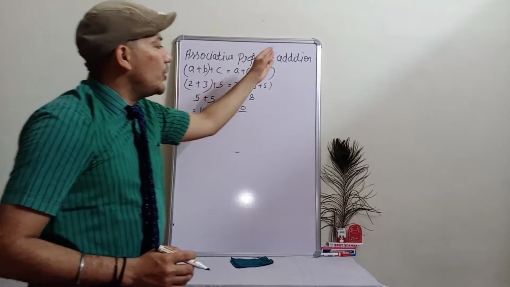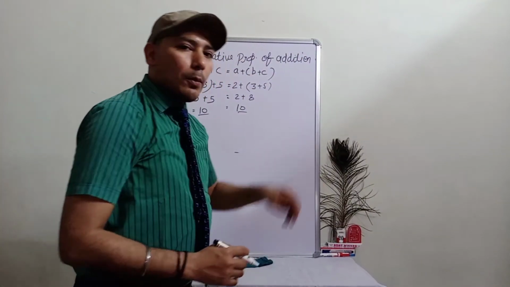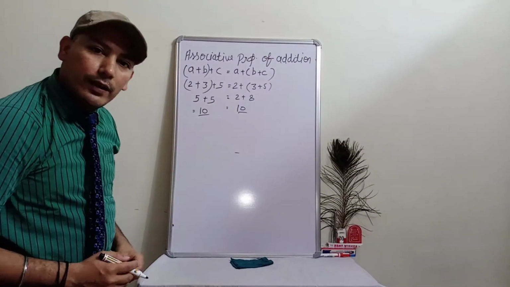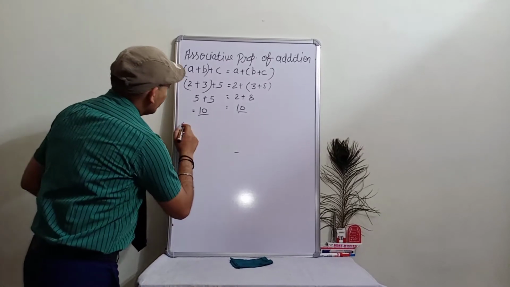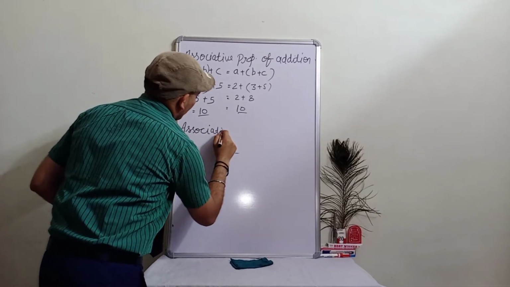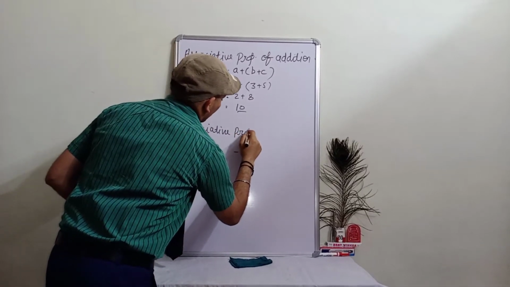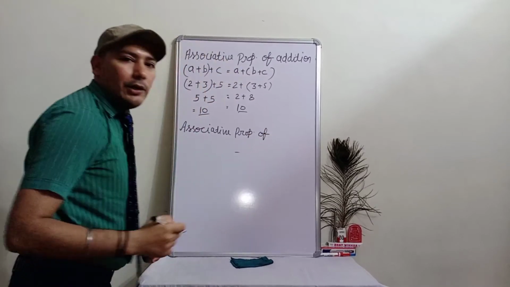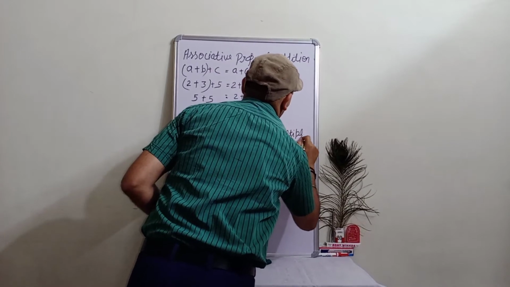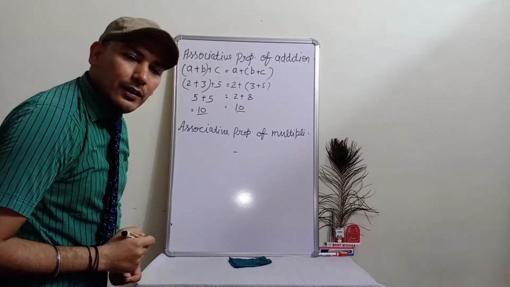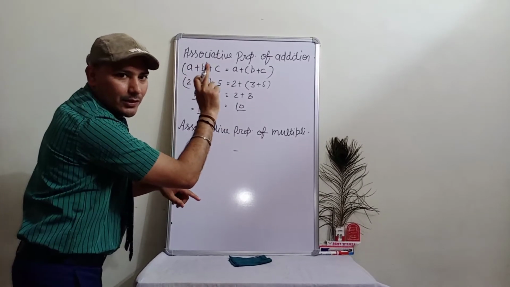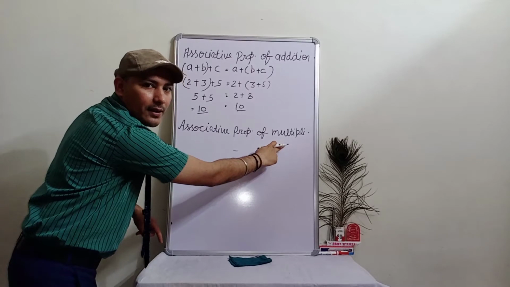Like the associative property of addition, there is one more associative property, known as the associative property of multiplication. Same 3 integers, but what will we do here? Not addition. Here we will do multiplication.